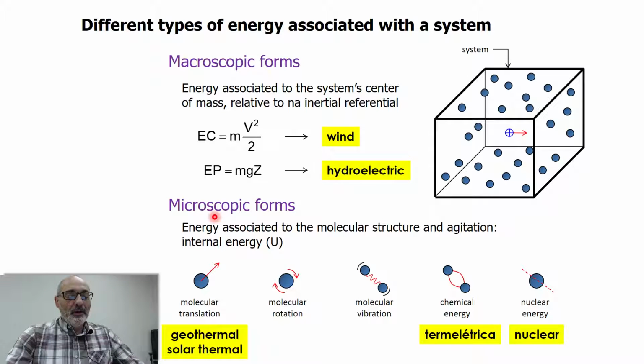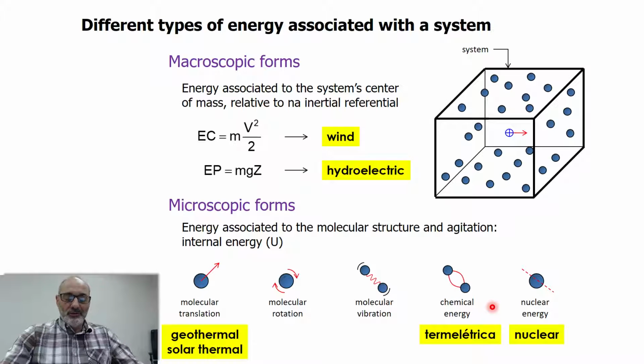The microscopic forms, such as molecular translation, which is directly related to temperature, are related to geothermal or solar thermal energies. When you talk about chemical energy, that's the focus today, actually.